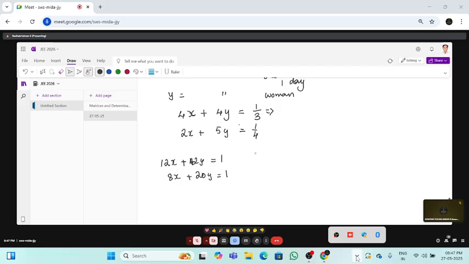So your coefficient matrix is 12, 12, 8, 20. So this is how the equation can be written in terms of matrix.